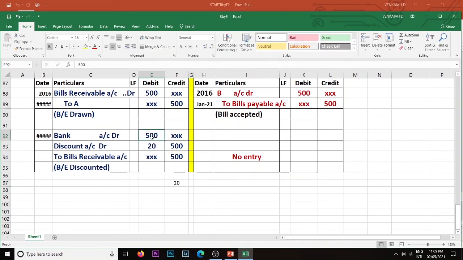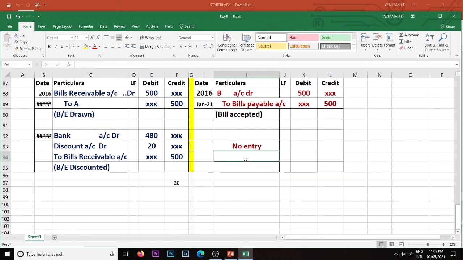So after deducting 40 rupees, we will get only 960 rupees. Being bill discounted, A is in no way concerned with the discount of the bill.